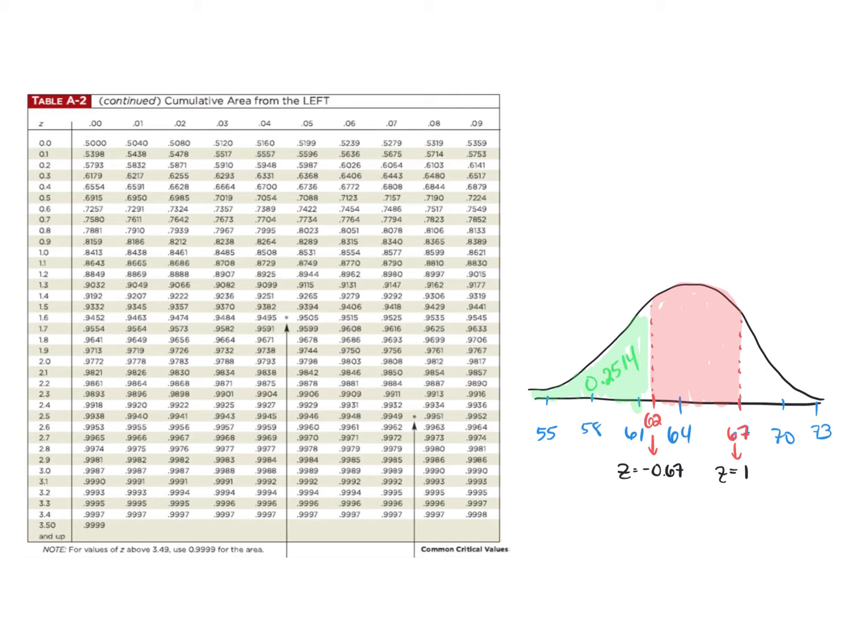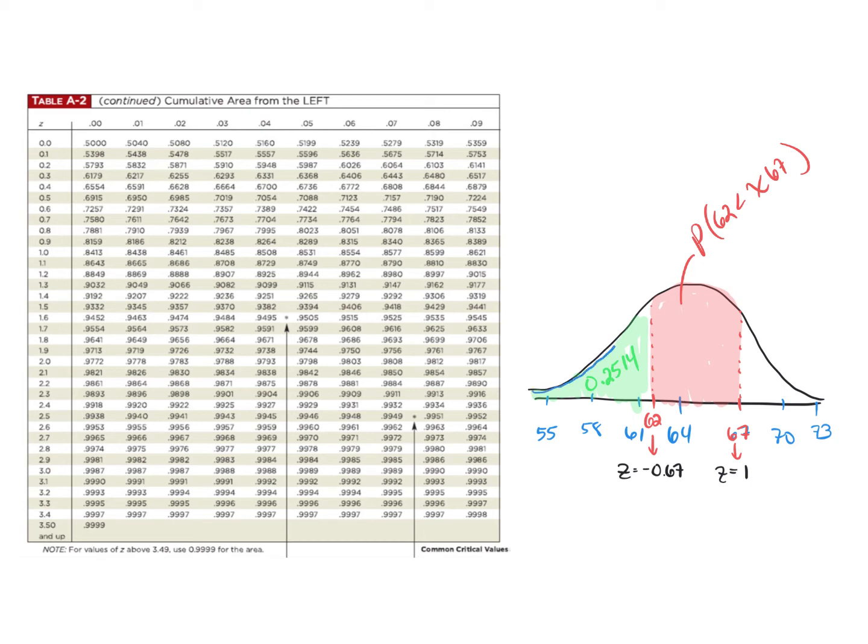Okay, now the question we're trying to answer is the probability that a randomly selected female has a height between 62 and 67 inches. That's going to be the area shaded in red. To figure that out using the z-table, I need to find the area to the left of a z-score of 1. I'll shade this in blue.